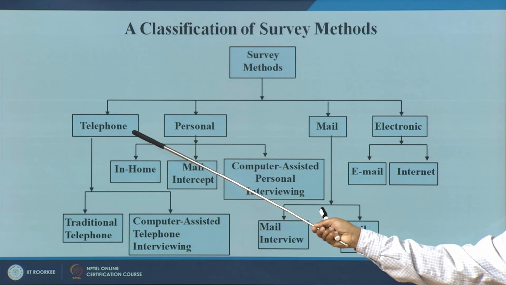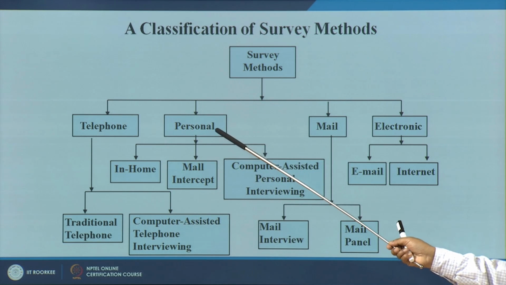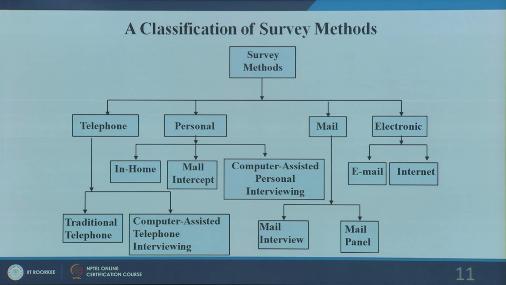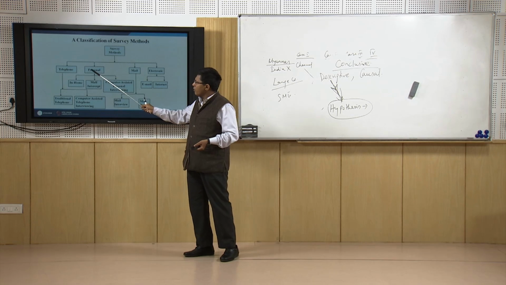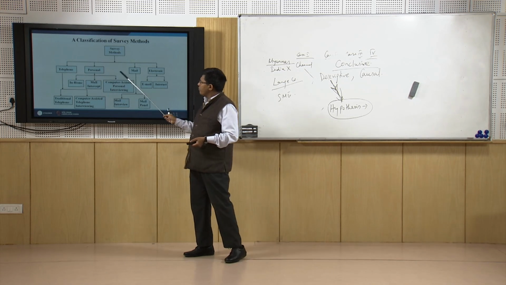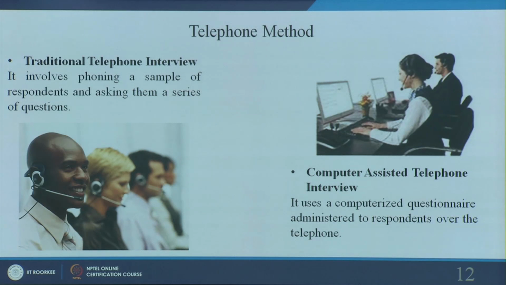Not over telephone, but in a personal way, one to one basis. For example, in a mall or somebody's house or even in some locality where you can find a respondent, you can do it. Then you have the mail system, and electronically also we are doing it. So, let us see each one of them, we will not get too deep into it.